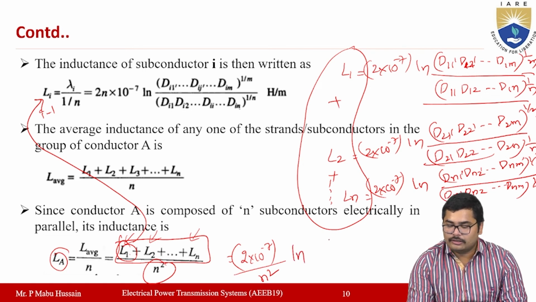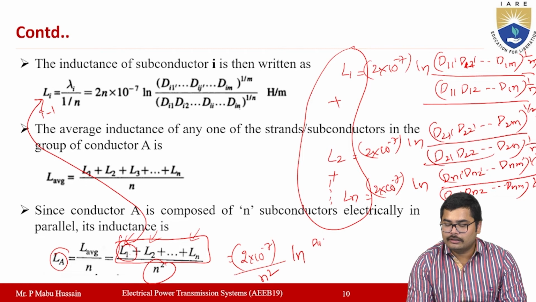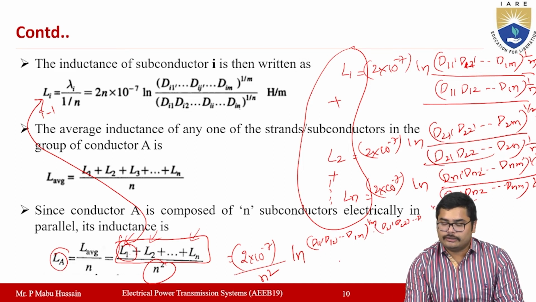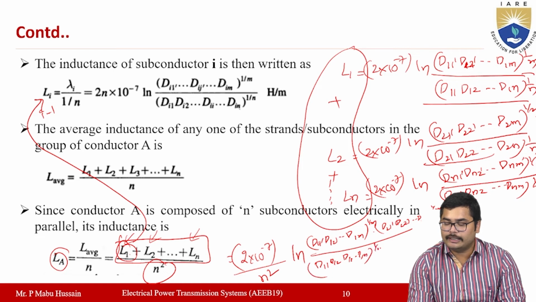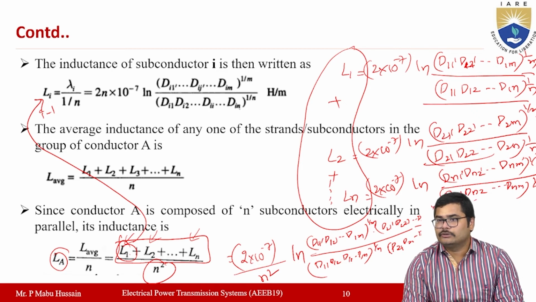So then ln of the total term: d11 dash, d12 dash, up to d1m whole to the power of 1 by m, and similarly all the terms d21 dash, d22 dash, up to d2m whole to the power of 1 by m, like that up to m terms, divided by d11, d12, d13 up to d1n whole to the power of 1 by n, then d21, d22 up to d2n whole to the power of 1 by n, up to n terms.